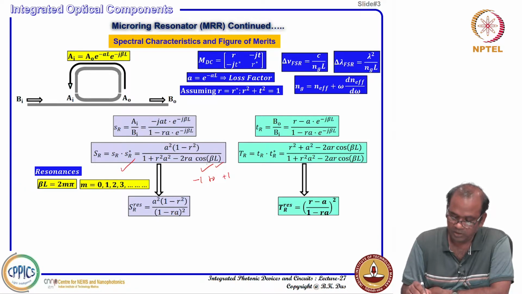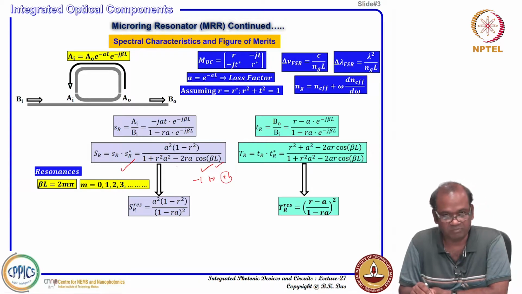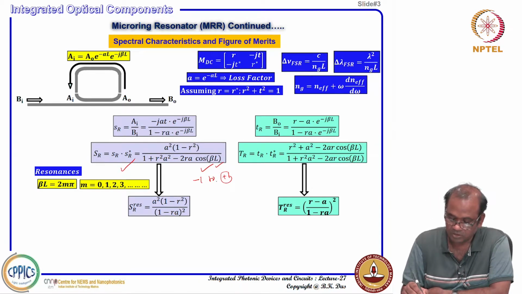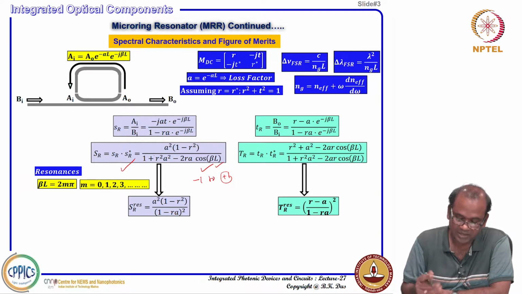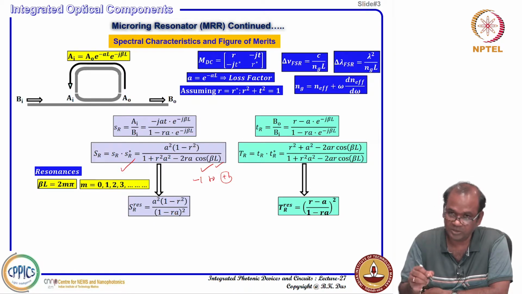When cos beta L equal to +1, the denominator is minimum, and when cos beta L equal to -1, the denominator is maximum. So maximum to minima we can have. Maximum power storage, cavity power, will be possible when cos beta L equal to +1, that means the denominator is minimum. If it is minimum, then only you can get the overall maximum.